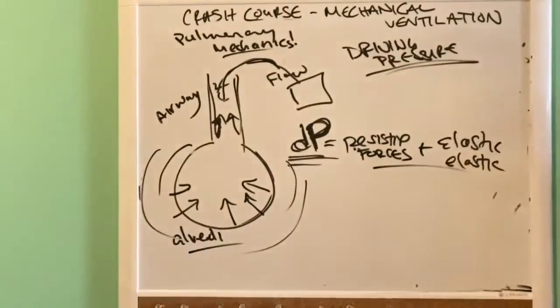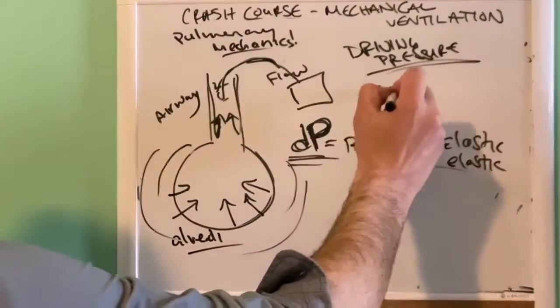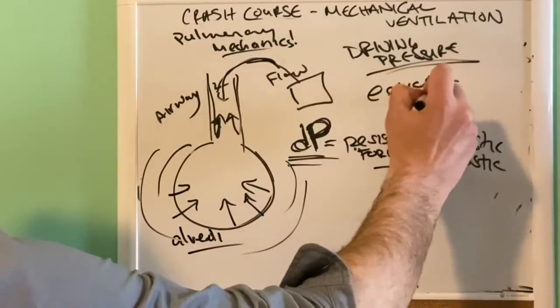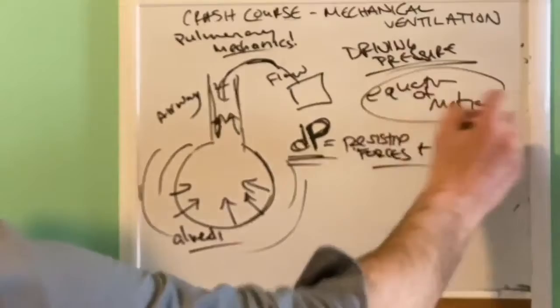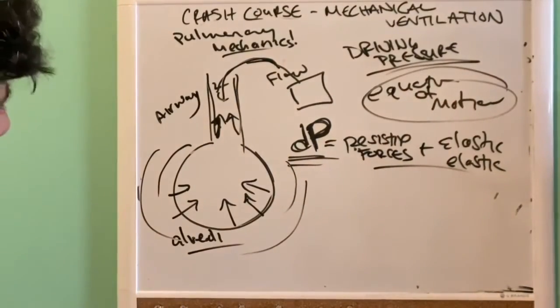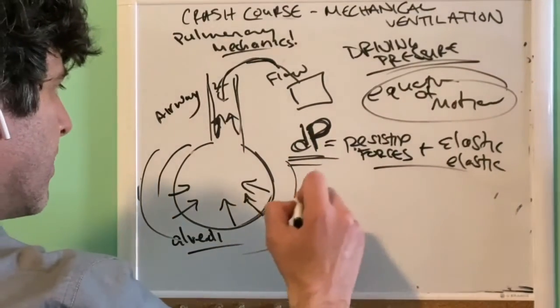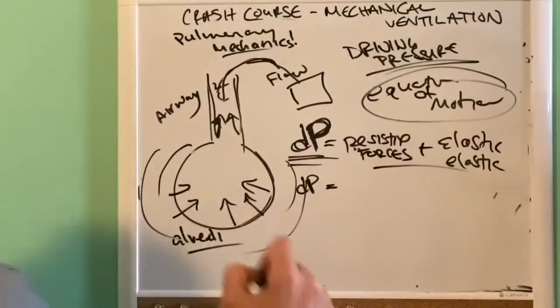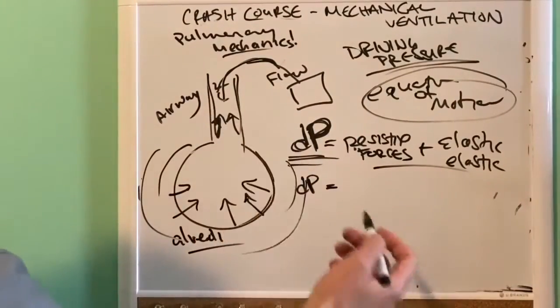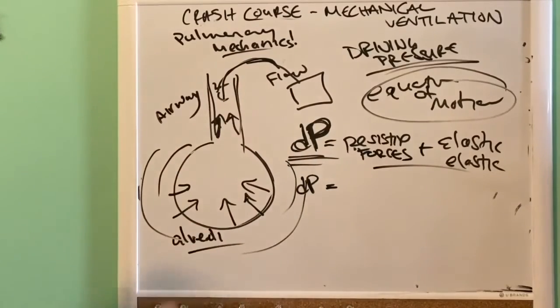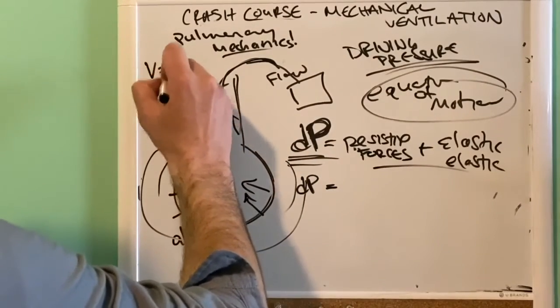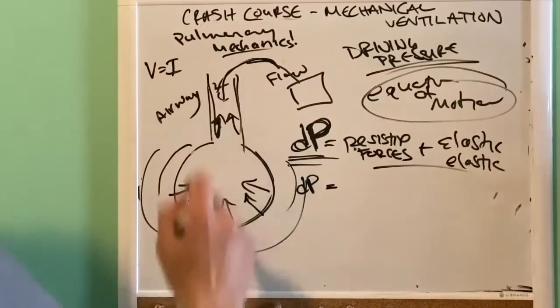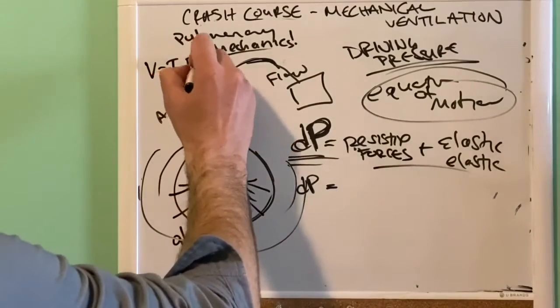So let's take it a little bit further. Again, we're trying to work through the equation of motion, which I don't like equations, but this one's important. So that pressure is equal to the resistive forces. Now, what the resistive forces are equal to comes from electrical concepts: voltage equals essentially the current times resistance.